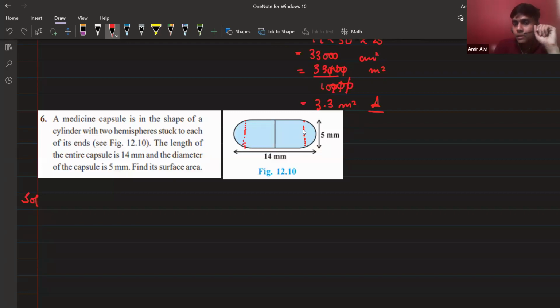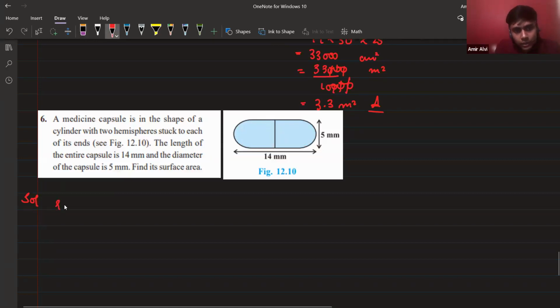Same. Yes, obviously same, because if this is a cylinder, with the same radius I have surmounted one hemisphere on it, so it covers the whole base. So the radius of both the hemisphere and cylinder will be equal. Clear?